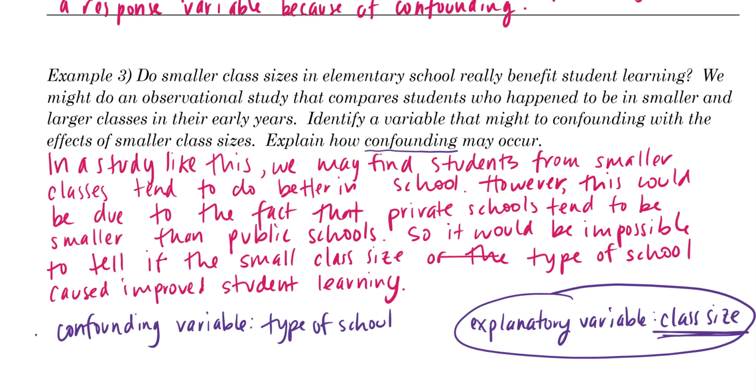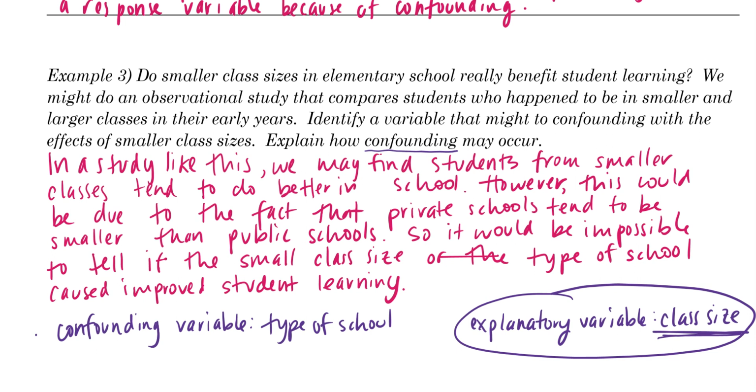Okay? So beware when you're asked to explain confounding. That does not mean to back up the result in the experiment. It means to question. It means to say, okay, I know your experiment found that, but what about this? This could have caused that too. So that's the idea of confounding.